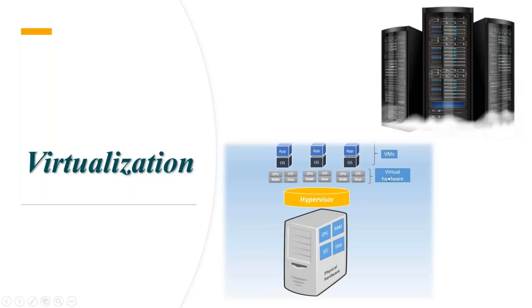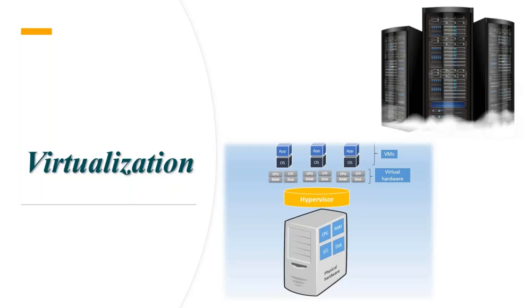On each virtual machine you give some amount of CPU, some amount of RAM, some amount of IO, inputs and outputs, and some amount of disk. Technically we call that a virtual machine. So virtual machines are nothing but multiple VMs you build on top of physical hardware.